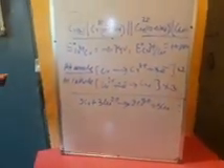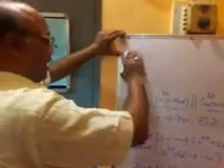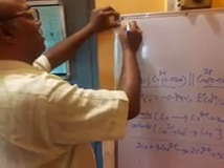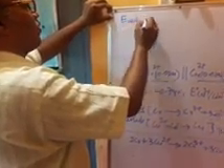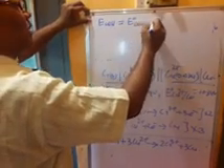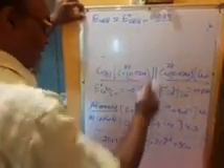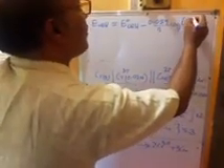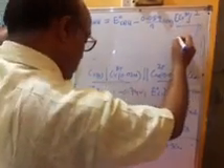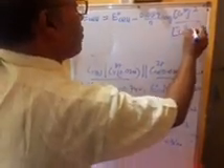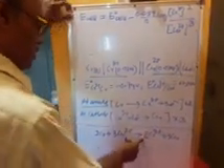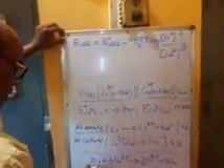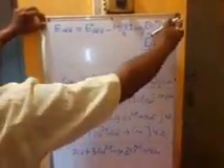Now write down the Nernst equation for this reaction. Applying the Nernst equation, E cell will be equal to E naught cell minus 0.059 by n log concentration of Cr3+ to the power 2 divided by concentration of Cu2+ to the power 3, because the coefficient of Cr3+ is 2 and that of Cu2+ is 3. Cr is a solid and copper is a solid, so we have not written them in this equation.